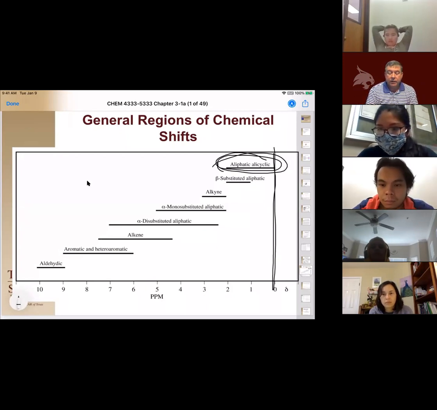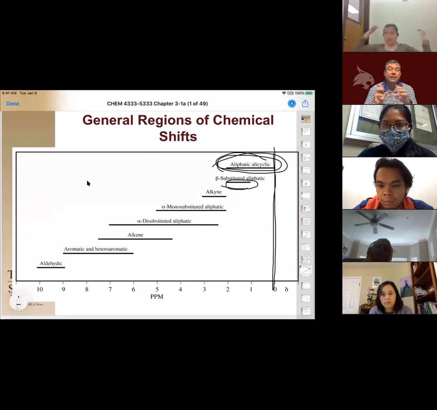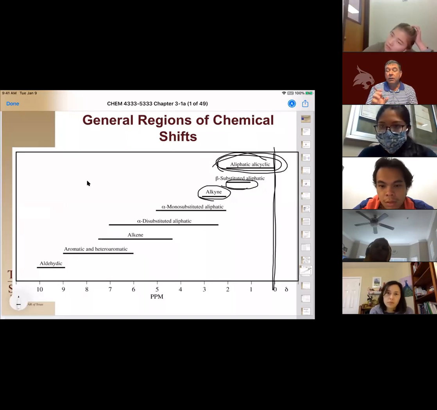Now, if we start getting substitution nearby, that can shift it a little bit, because whatever is substituting there can either donate electron density or absorb electron density and change the electronic structure around the nuclei. Now here's the alkyne. Even though it has pi bonds right here, it's actually lower than we expected for other pi bond systems.